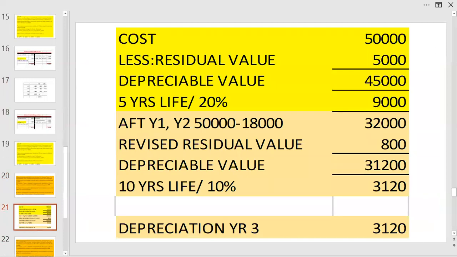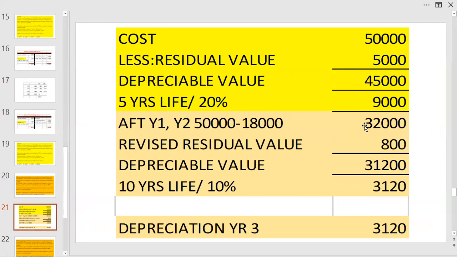Cost is 50,000. Residual value of 5,000 is recognized since it is straight line method. Therefore, depreciable value is 45,000. For 5 years lifetime, 20% per annum, that is 9,000. So year 1 and 2, 18,000.